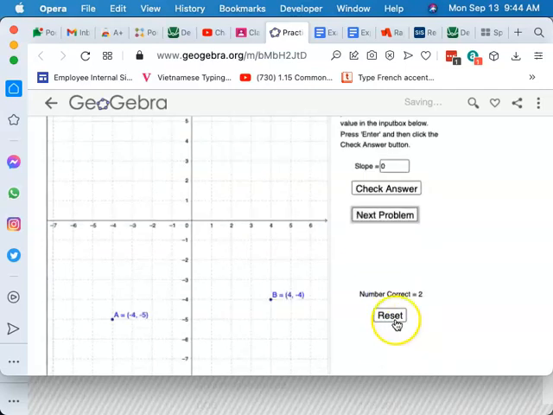So for this one, yeah, just work on it a little bit. See if you can get good at this. And as you look at it, do you have to count the squares? Well, you don't have to, right? This one goes from minus 4. Let's see, the change in y, it goes from minus 5 to minus 4. How much is that? Well, it's uphill, right? So it's 1. And then how much did x change? Oh, from minus 4 to 4. Looks like an 8, right?